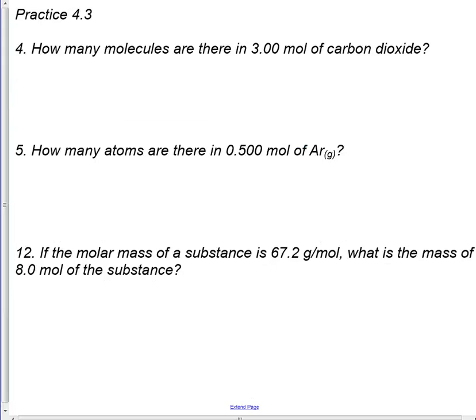This worksheet here is another one that will lead into our next section where we formally define some relationships between moles, particles, and mass. So for now, these are just for us to consider how you would answer these questions, and perhaps you have an opportunity to pursue these types of questions.